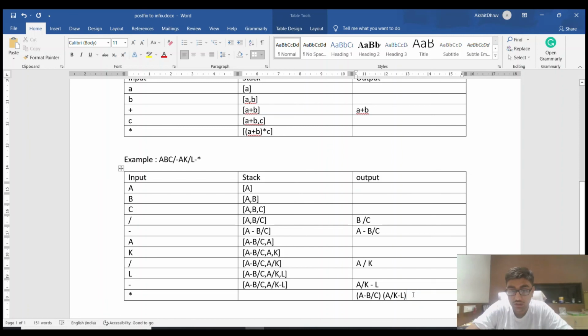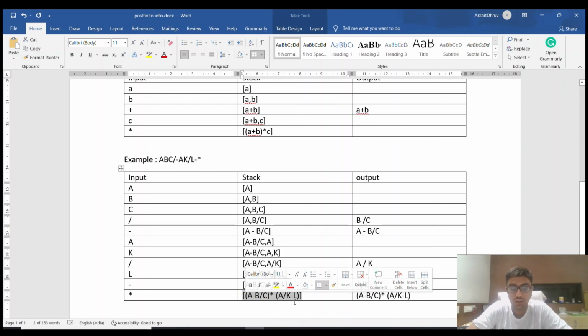So we will just add the sign in between them and our task is done. So the final output will be this one. We will again push it to the stack, and whatever stays at last is our final answer. See, here only a single element stays after all the functions are performed, and that is our final answer.